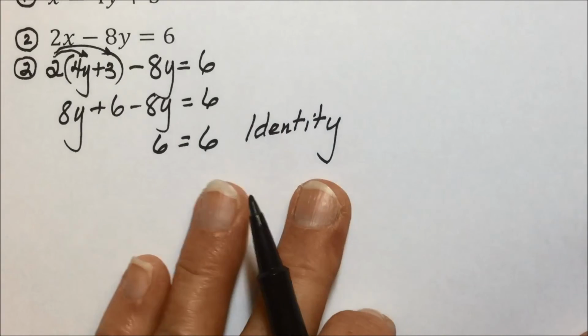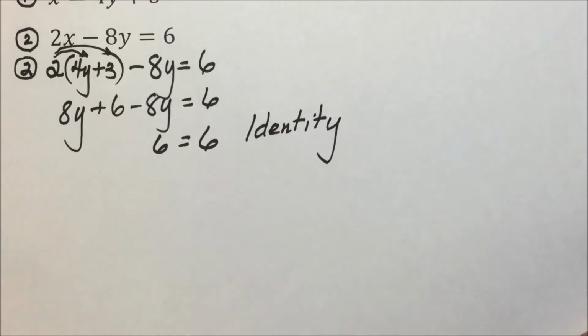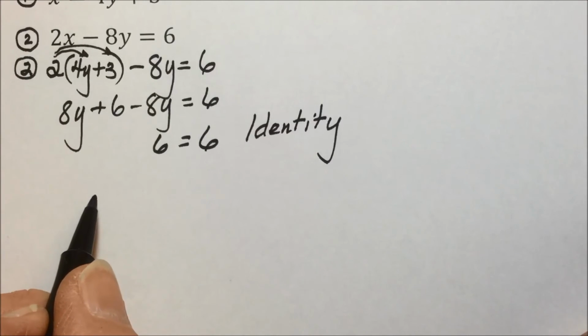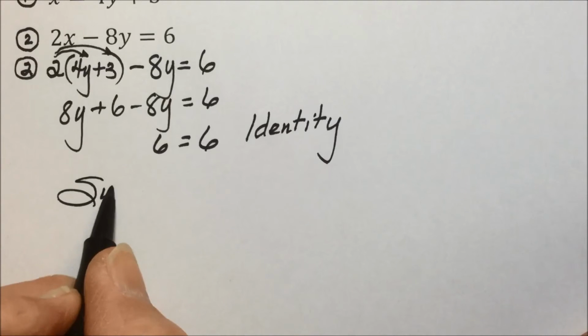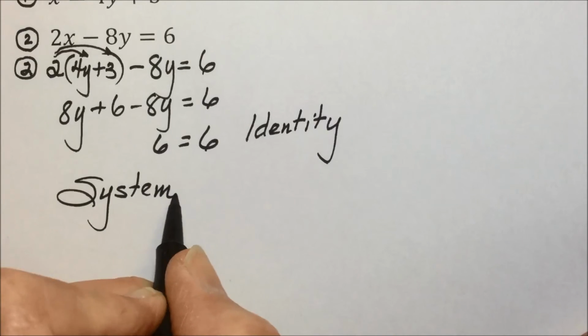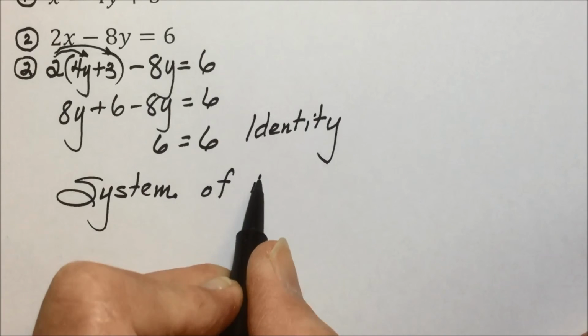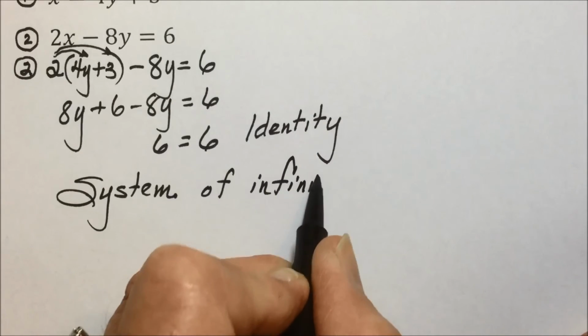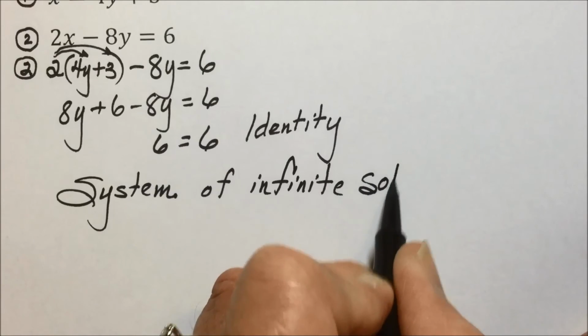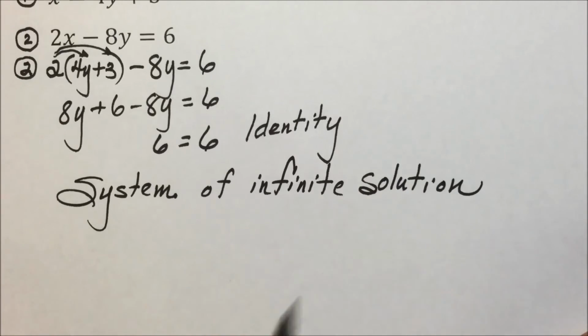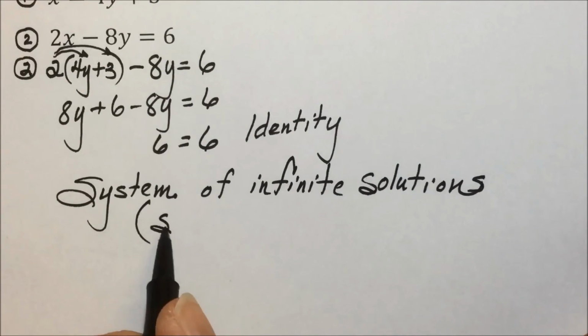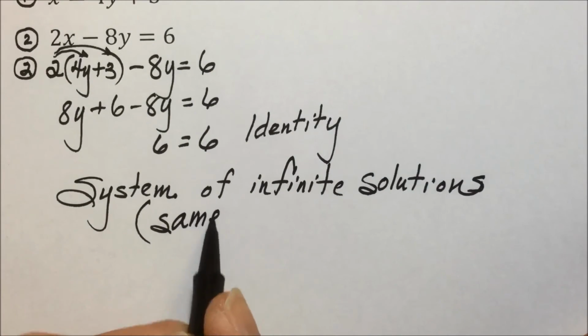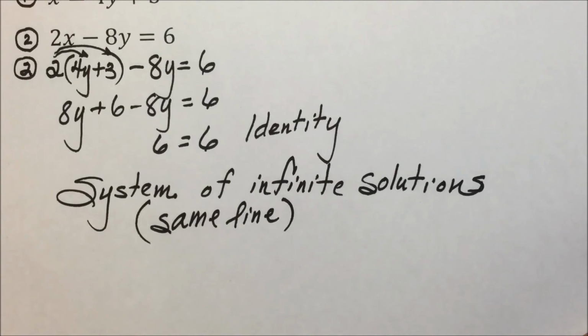Here, we have an identity, it's true, and we have a system of infinite solutions, which means if we graph these, we would find that we have the same line, and anything that satisfies one equation is going to satisfy the other.